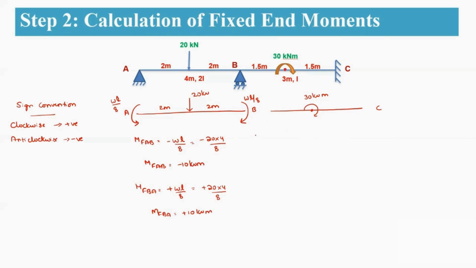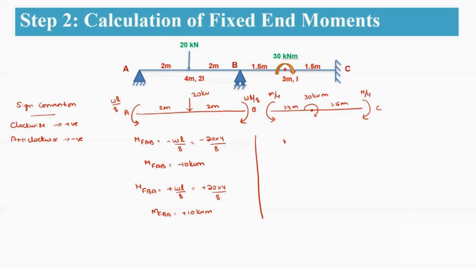In a similar way, when we consider the BC span, when we are having a moment at this point, which is 30 kilonewton meter, here you are going to develop again the end moments. As it is a symmetric position, 1.5 meter and 1.5 meter, it will be equal to M by 4 and M by 4.